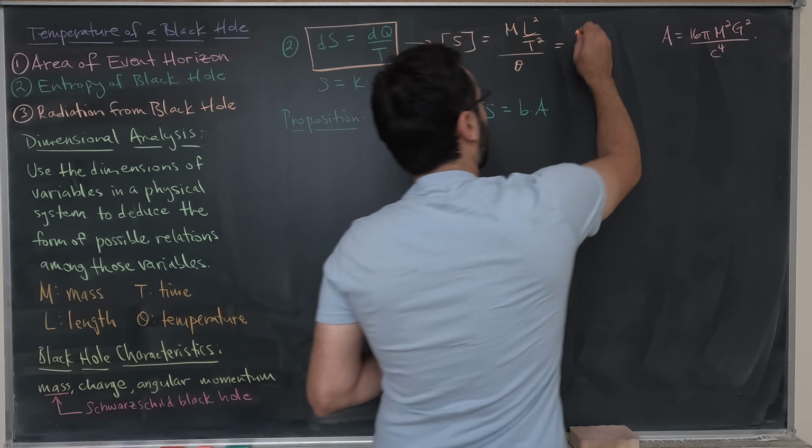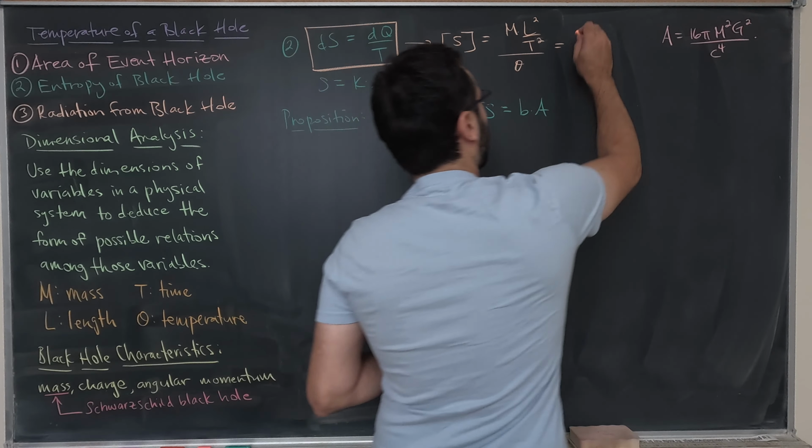So if that's the case, what are the dimensions of this proportionality constant B over here? Well, we have the dimensions here for S on the left. B, we don't know what the dimensions are.